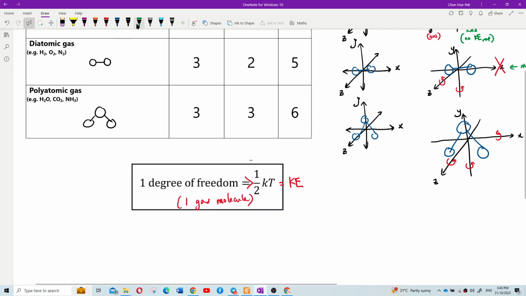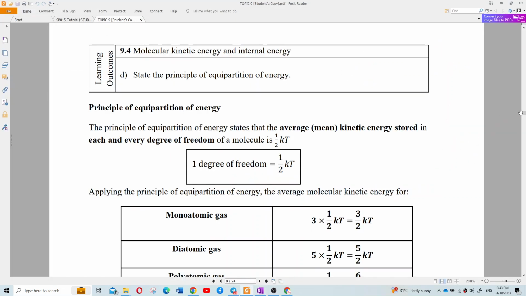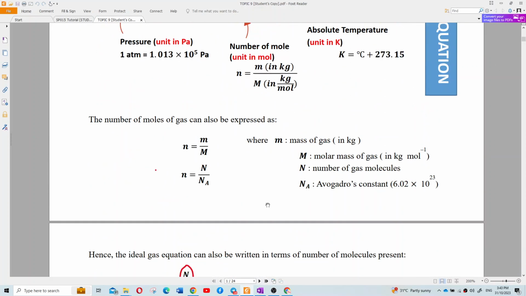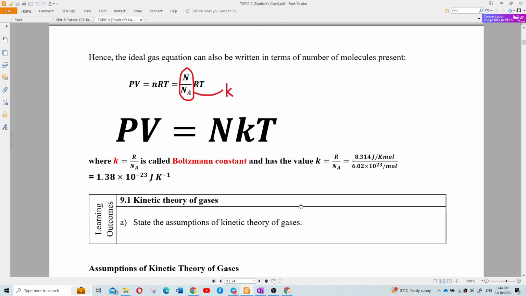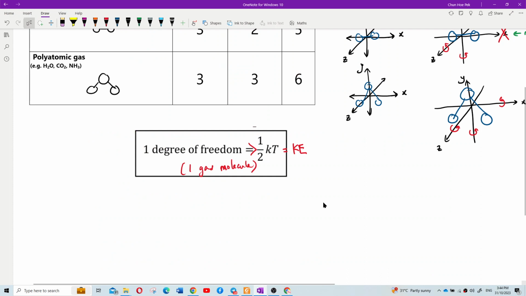k is called the Boltzmann constant. Remember the earlier part I talked about k before, very early part. k is the Boltzmann constant, 1.38 times 10 to the negative 23. Let's write it down. It's not spring constant, not force constant, not thermal conductivity.